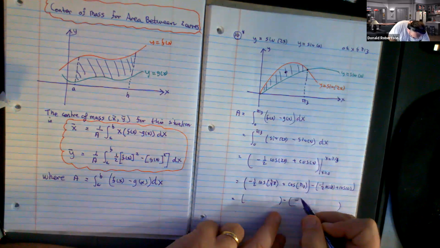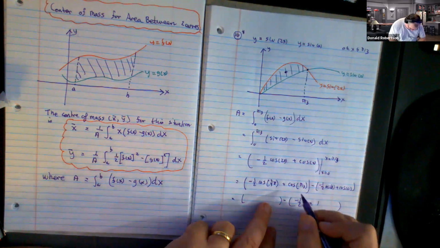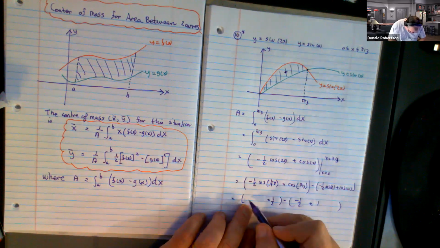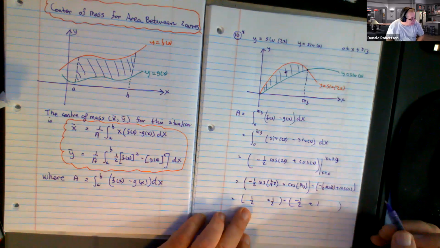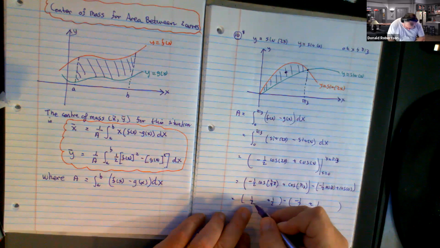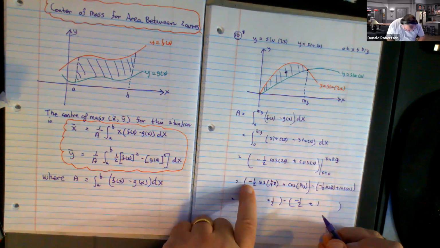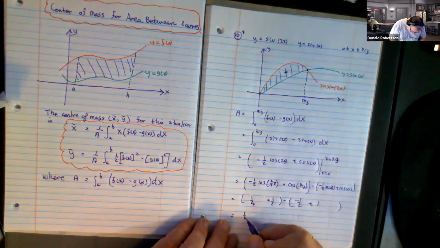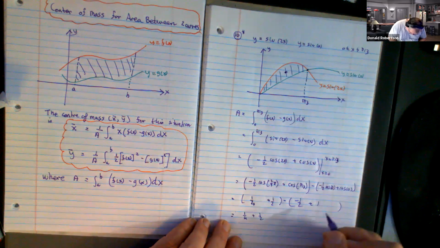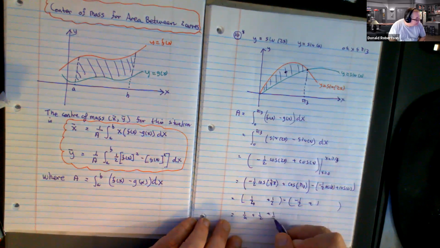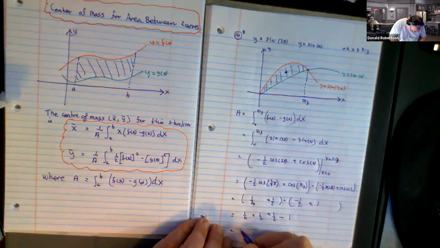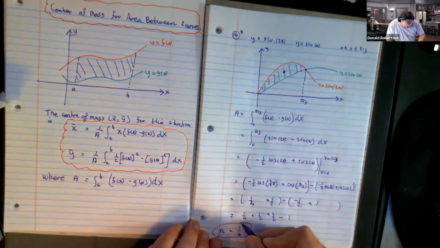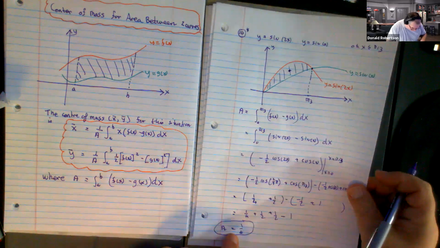Cosine of 0 is 1. That guy, I believe, is 1/2, and this guy is negative 1/2. So you get 1/2 and another 1/2, so you get a quarter. You put all of those pieces together, what do you get? You get 1/4 plus 1/2, plus another 1/2, take away 1, and you get the answer that it's a quarter. It's kind of the first part of the puzzle done. A is 1/4.